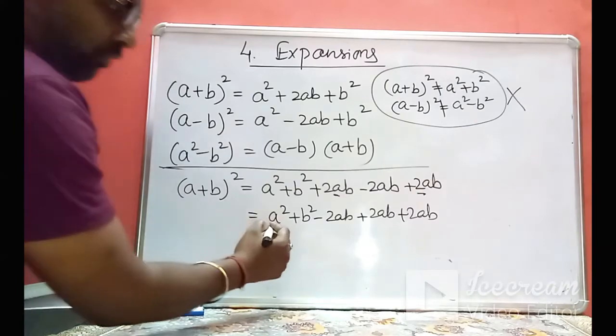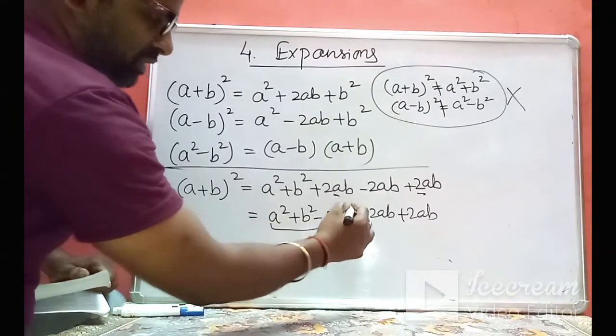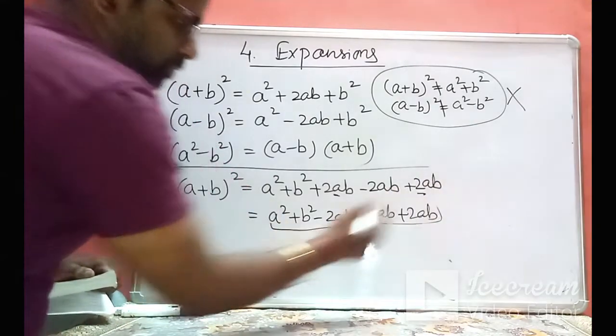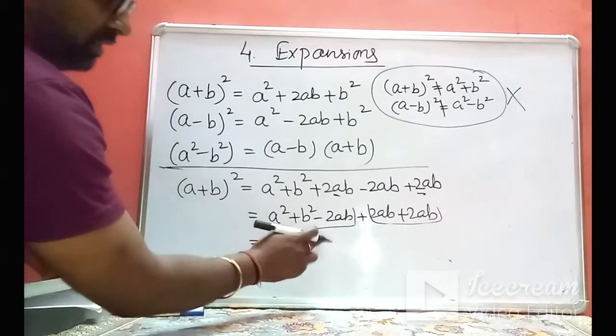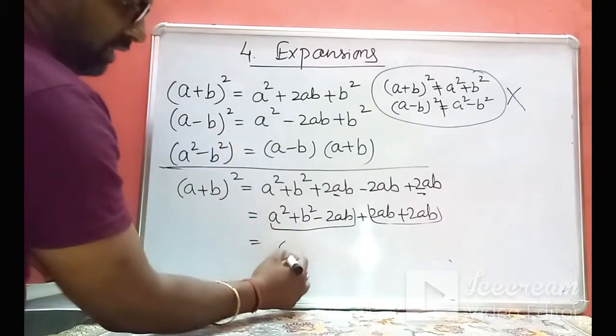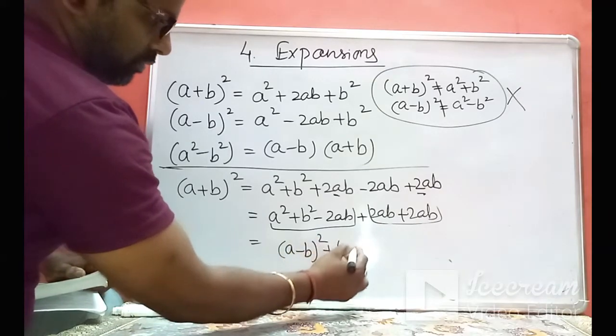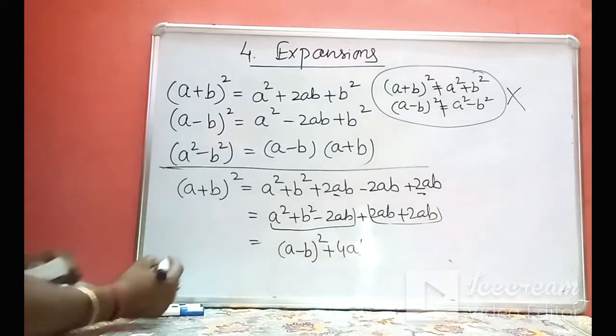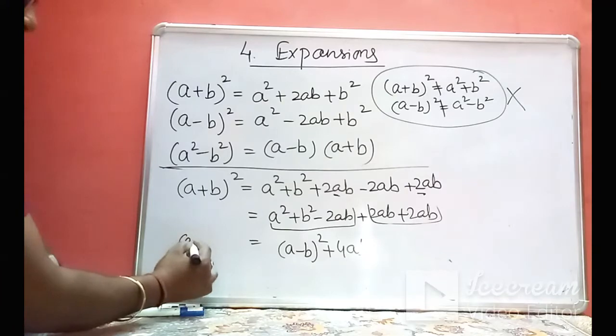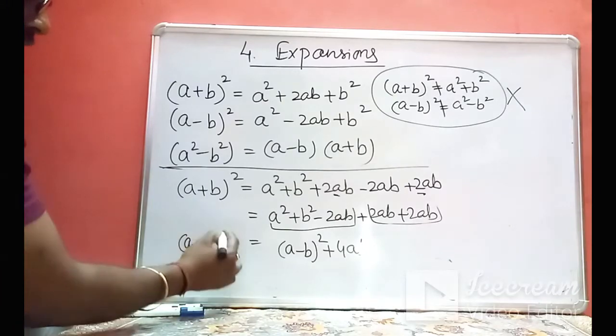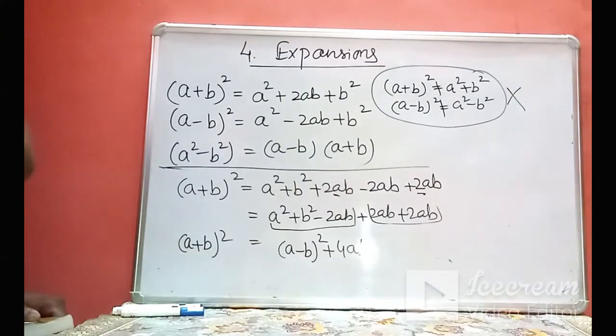Okay, so now what is this? If I make this a group and this a group, this is actually written as (a - b) whole square plus 4ab. So we can say that (a + b) whole square is (a - b) whole square plus 4ab.